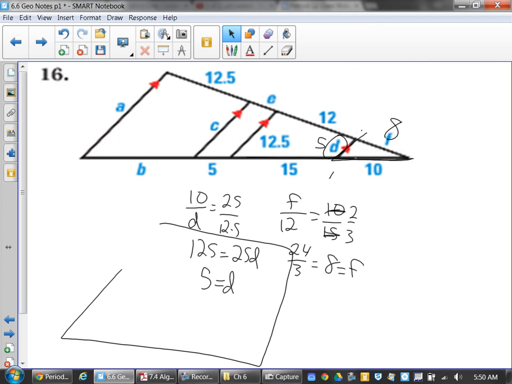When I'm looking at e, here's my fraction bar, and I'm looking at 20 over e is 25 over 5. Okay? So we cross multiply out, 25e is 100, e is 4.